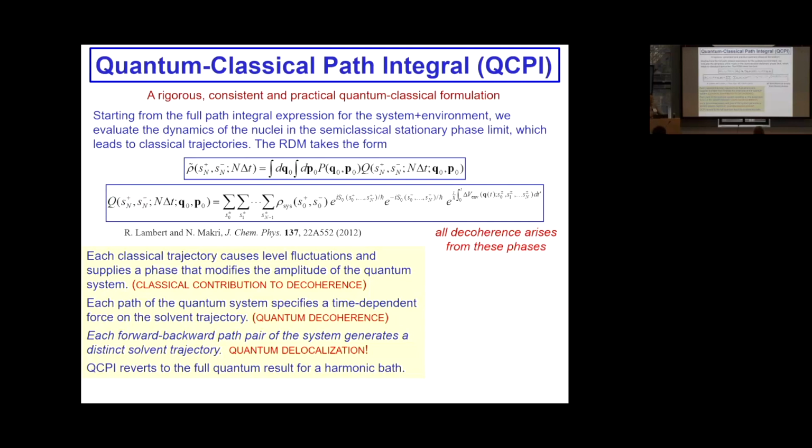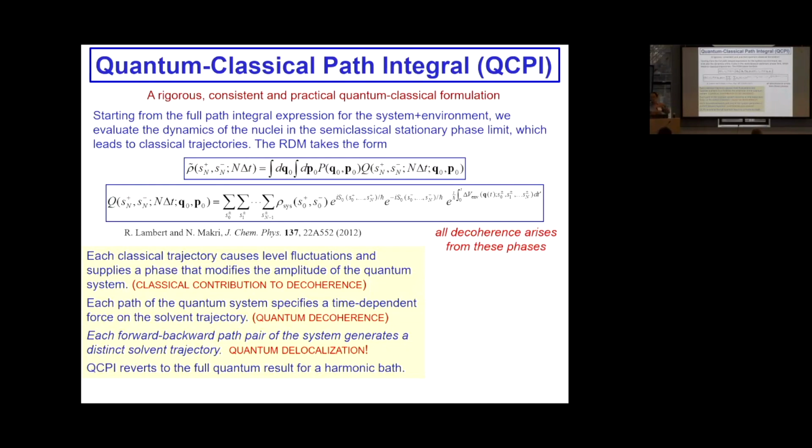Now, interestingly, each path of the system gives rise to a sequence of states as a function of time that specify a unique trajectory of the environment. And so a trajectory of the solvent coming from a Q0, P0 depends on the sequence of forces from the system.